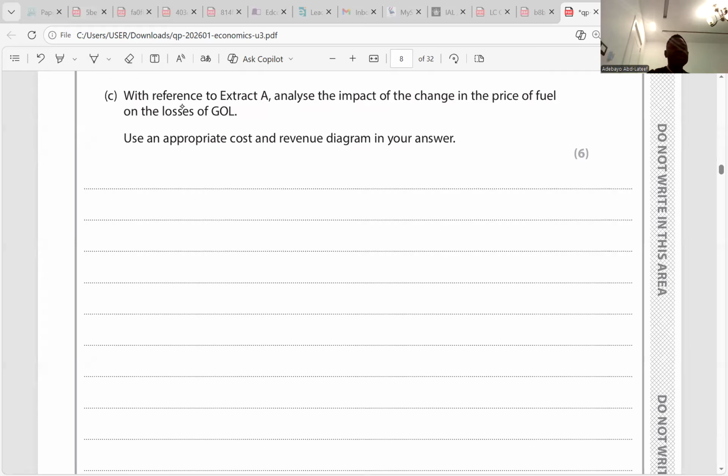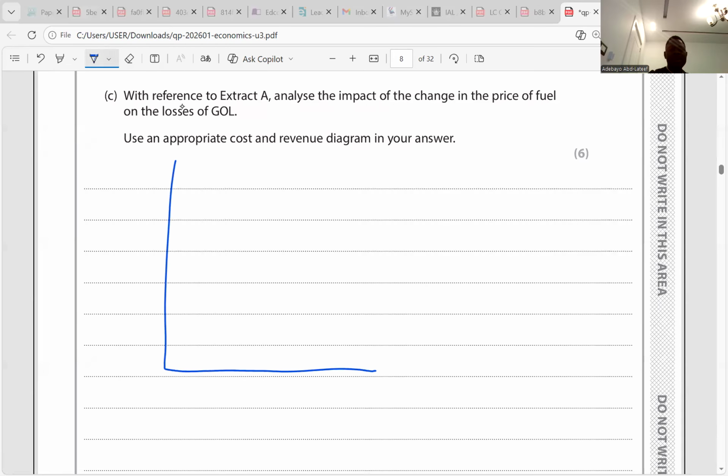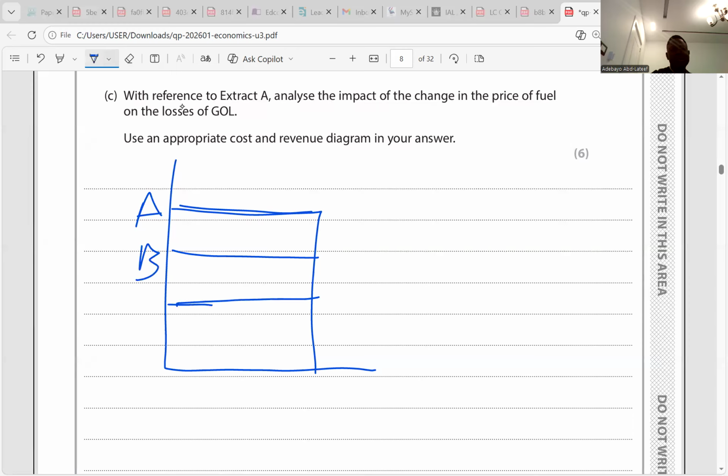So the graphical representation of revenue and average cost curve is this. We have the price here. We have A, B, C here. So we have the first price, we have B, and we have C. Then we have our marginal cost curve, MC. And the point is about AC ahead of AR.